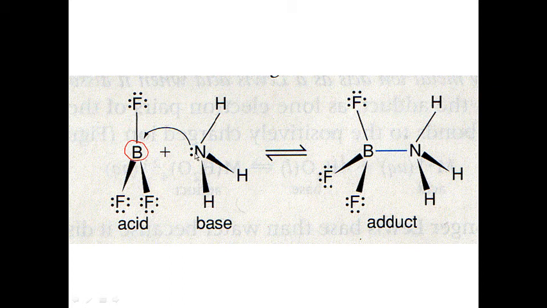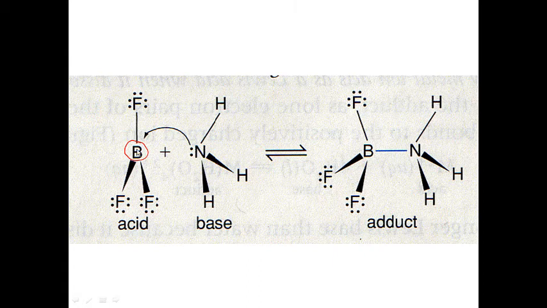So what happens is that if you react BF3, or a boron, and this is also true for aluminum, one of these atoms that is an exception to the octet rule and only shares 6 electrons, it could certainly share 8, but it needs something to give it both electrons.